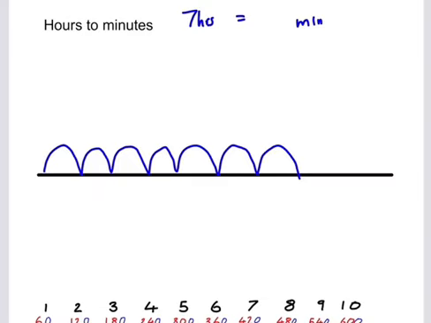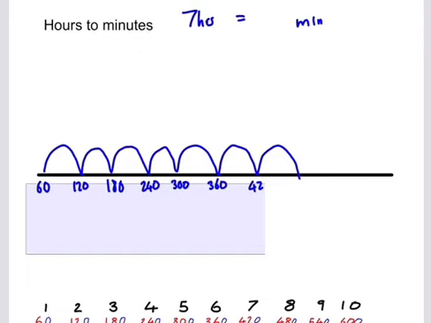Well, it goes 60, 120, 180, 240, 300, 360, 420, hang on a minute, it's late.